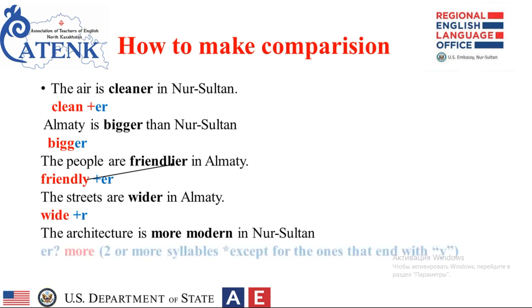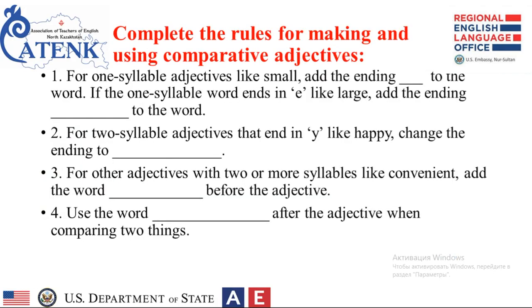That means that this adjective is long and we don't use er ending. We use the word more if the adjective has 2 or more syllables, except for the ones that end with y. Now let's complete the rules for making and using comparative forms.